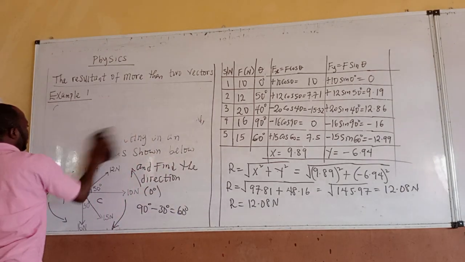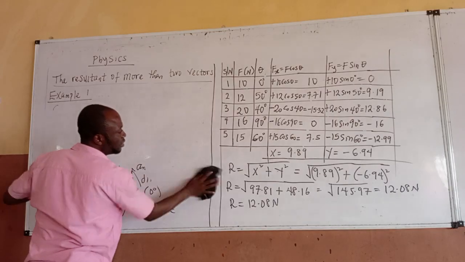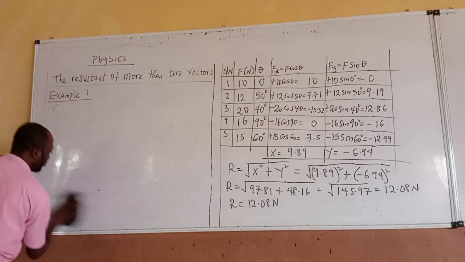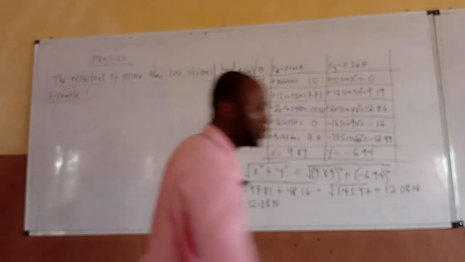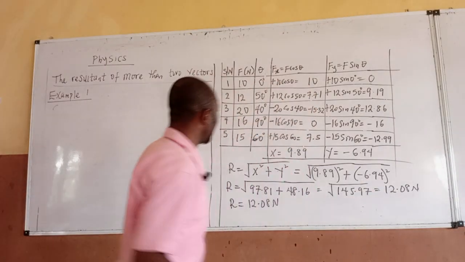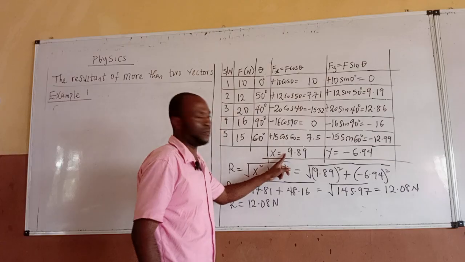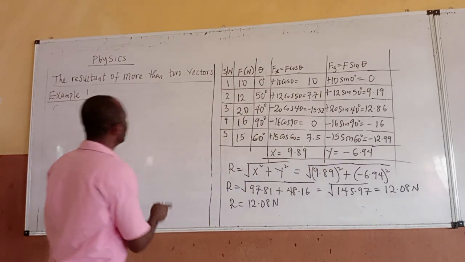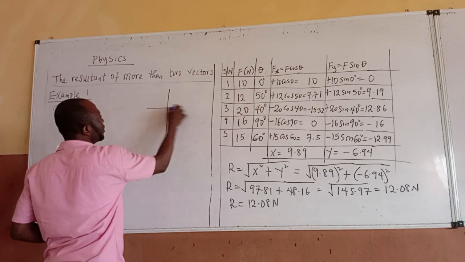Now I want to calculate the direction. You can see this one is positive, this one is negative. If you remember the last class that we did, go through it.